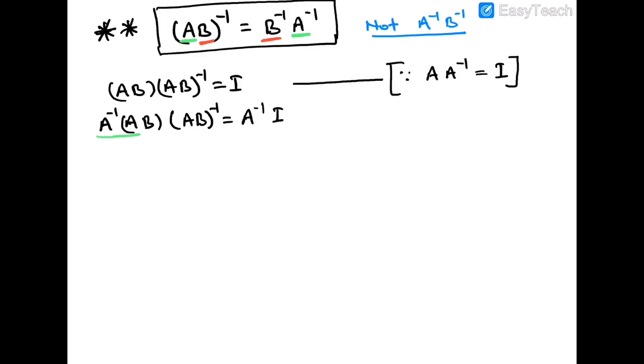Then A inverse A we can write together. Then it will be A inverse AB, AB inverse, and A inverse times I will be A inverse.